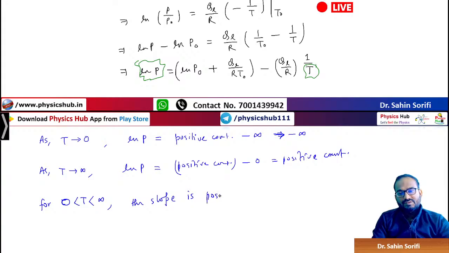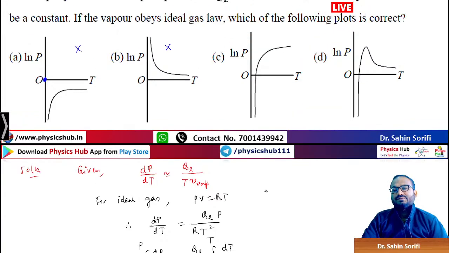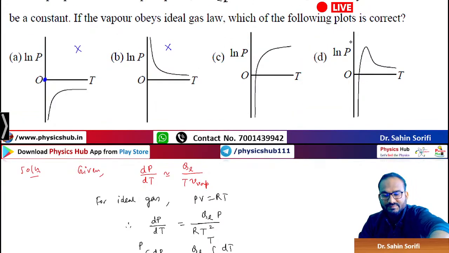Slope is positive. Slope is basically determined from the tangent value, the tangent of the angle made by the tangent line with the x-axis.